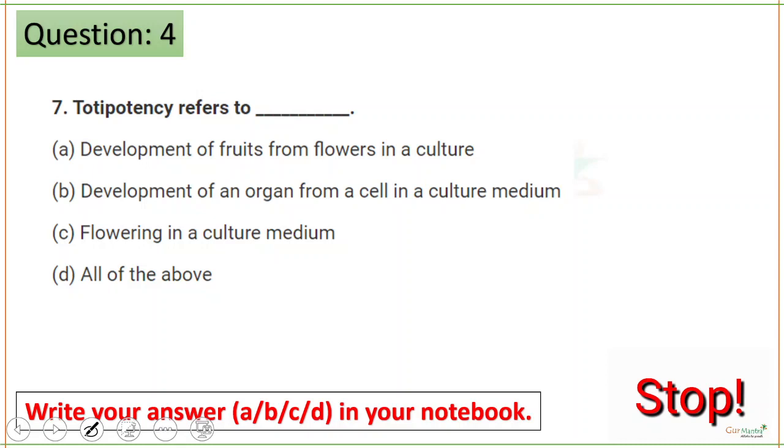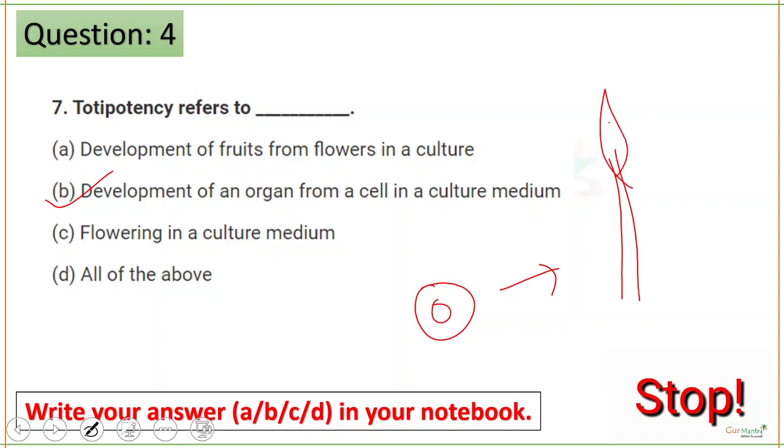Totipotency refers to development of organ from a cell in a culture medium. So from the four options given to you, this is the most appropriate option for this particular statement. You know what is totipotency? It means from a single cell, a whole plant can be grown. A whole plant can be grown. That is totipotency.